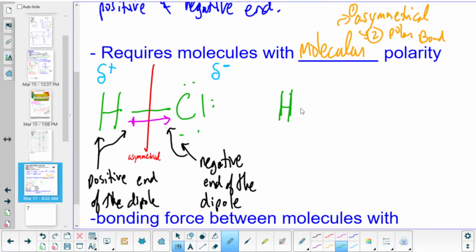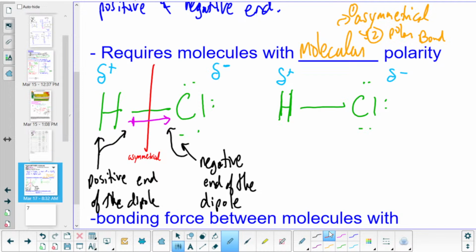Now, if we were to draw another one right next to it, and we also have a positive end and a negative end, what will those two do to each other? Repel?